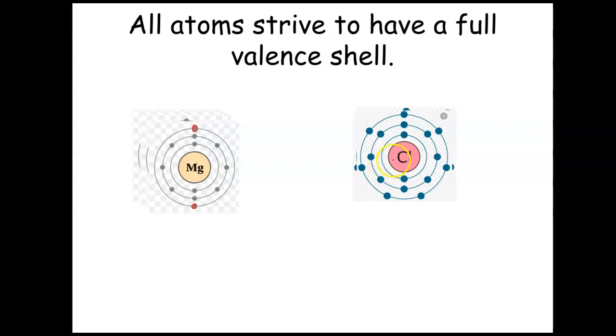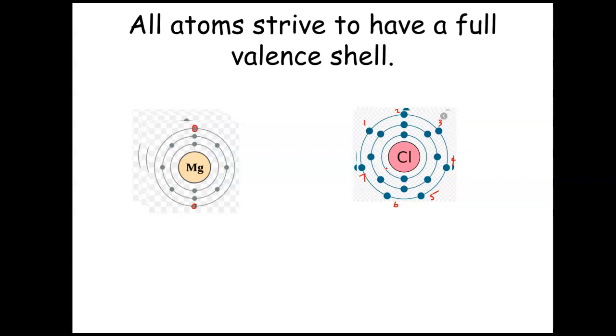Here I have chlorine. Chlorine, if you notice, has 3 shells. And in terms of its valence electrons, it has 1, 2, 3, 4, 5, 6, 7 valence electrons. Again, has it reached that noble gas configuration? Has it fulfilled what we also call the octet rule?